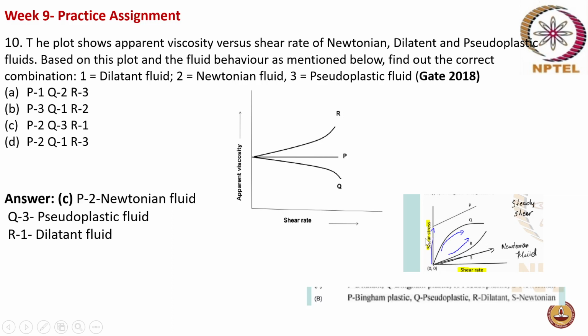In Bingham plastic, it again gives a linear relationship, but it needs some yield stress. Beyond a certain point only, it will start flowing. Bingham plastic is P, and Q and R are pseudoplastic and dilatant.